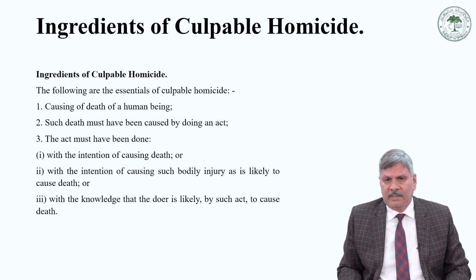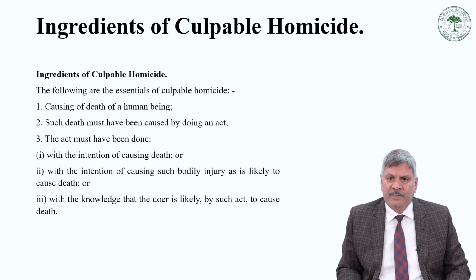Then what are the ingredients of culpable homicide? These are the ingredients which are essential to be established by the prosecution in order to hold a person criminally responsible for the offence of culpable homicide. First, the causing of death of a human being. Such death must have been caused by doing an act.